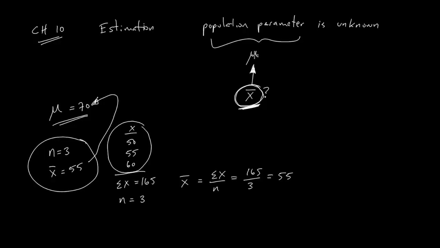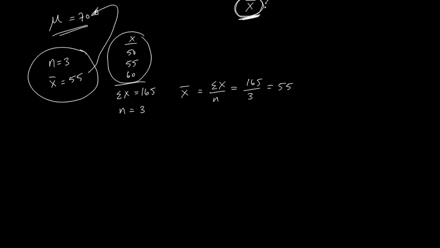the population mean. We do that in Chapter 10 with a formula, and the formula looks like this. It's x bar plus or minus z subscript alpha by 2, and then we need sigma over the root of n.